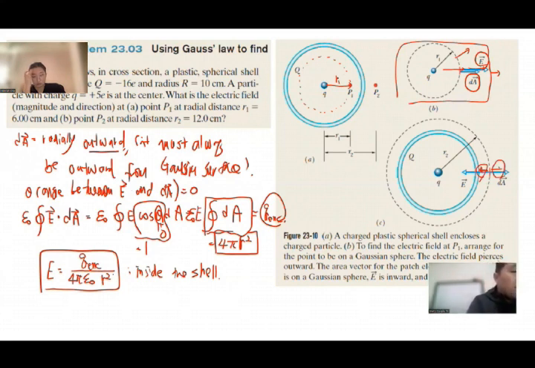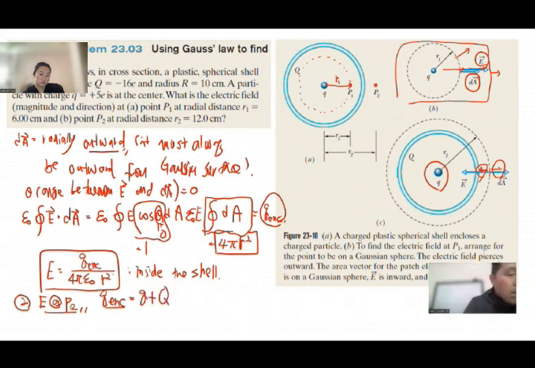For the electric field at point 2, outside of the shell, the total net charge inside this Gaussian sphere includes the point charge Q and the shell, so that is q plus Q. Now small q is 5e, and the shell is charged to minus 16e.